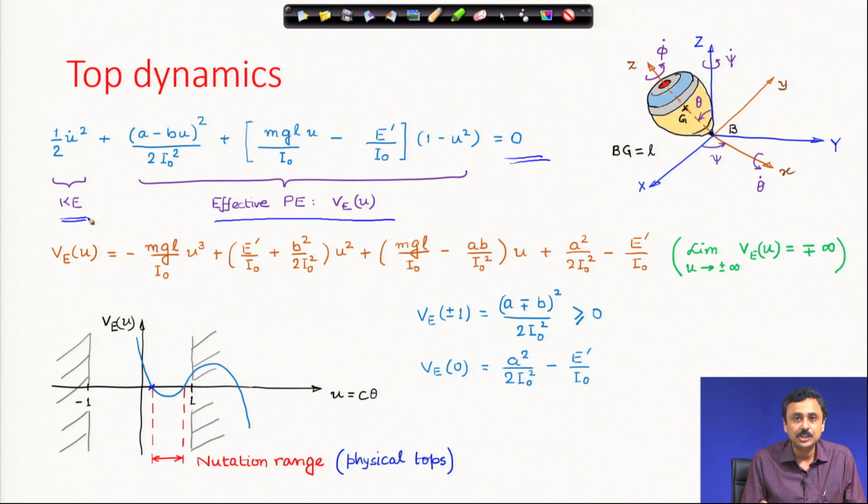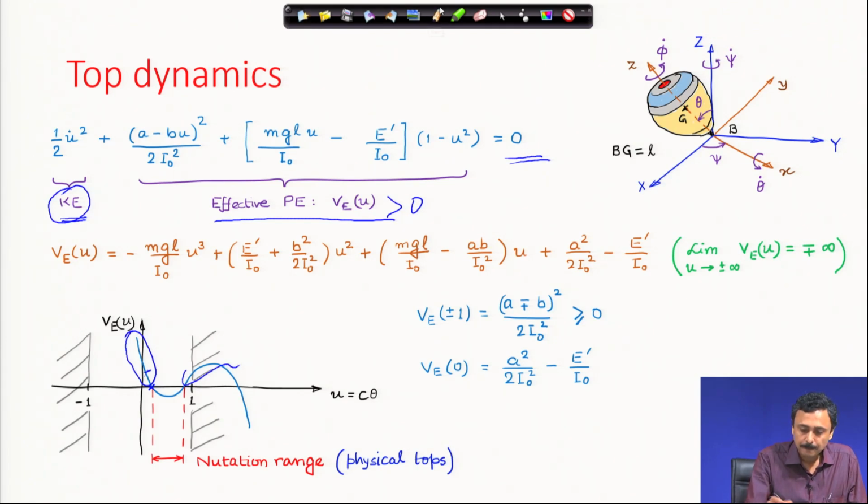If the effective potential energy is positive, for example, here it is positive, kinetic energy is always positive, and if the potential energy is also positive, then the sum can never be equal to 0. Therefore, these branches are unphysical.